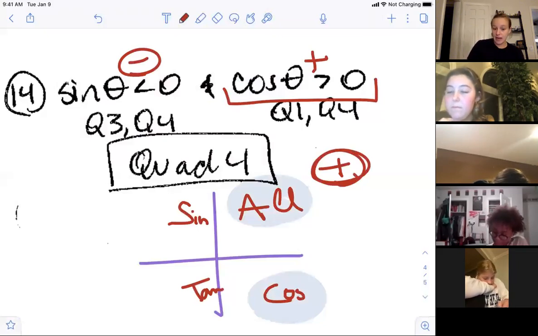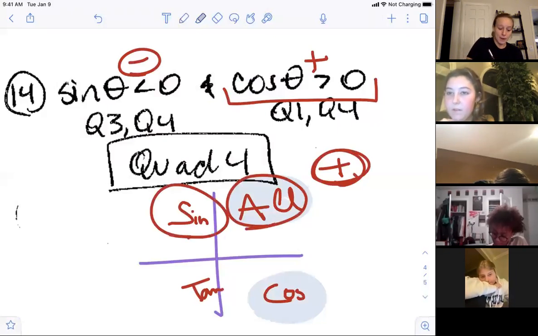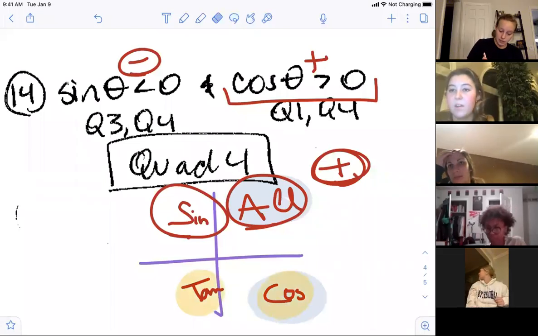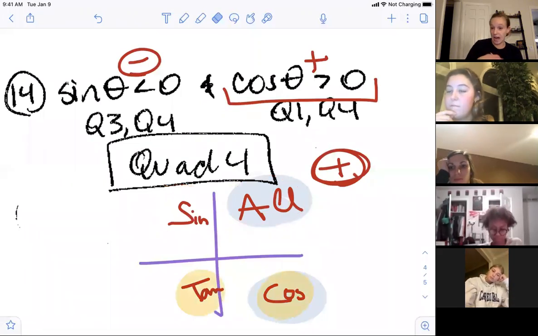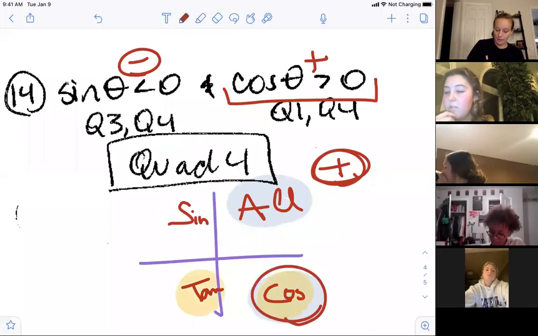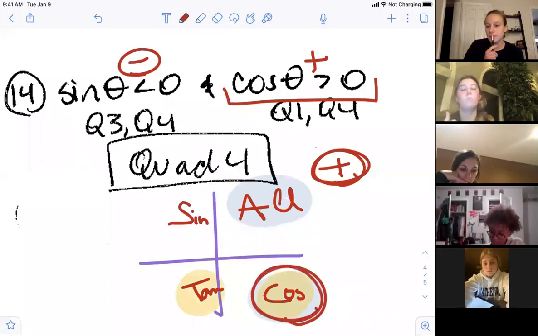So if I'm thinking about sine being positive, it's in A and S, but I don't want those. I want the opposite of positive. So I want 3 and 4. So I use the idea of sine being positive to say, okay, where is it not true? So that means where sine is negative is in 3 and 4, and cosine is positive is in 1 and 4. And so they overlap in the 4th quadrant.